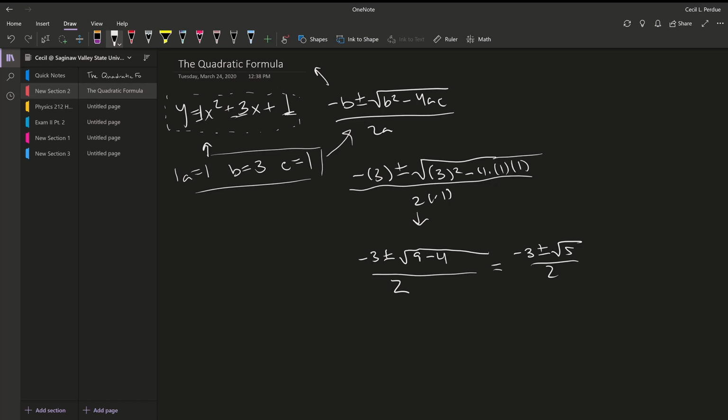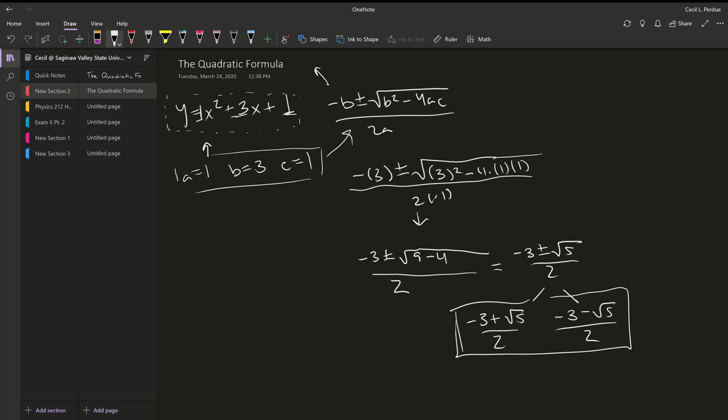And then now we want to separate it into 2. So negative 3 plus the square root of 5 over 2, and negative 3 minus the square root of 5 over 2. And then these are going to be our two answers for x squared plus 3x plus 1.